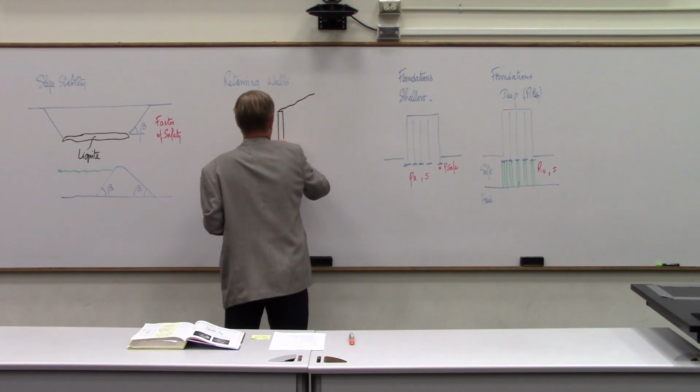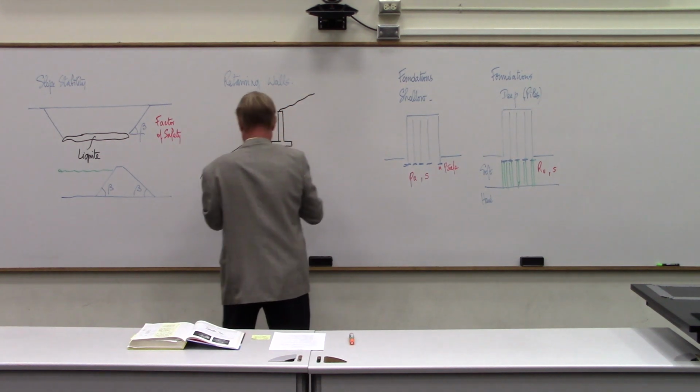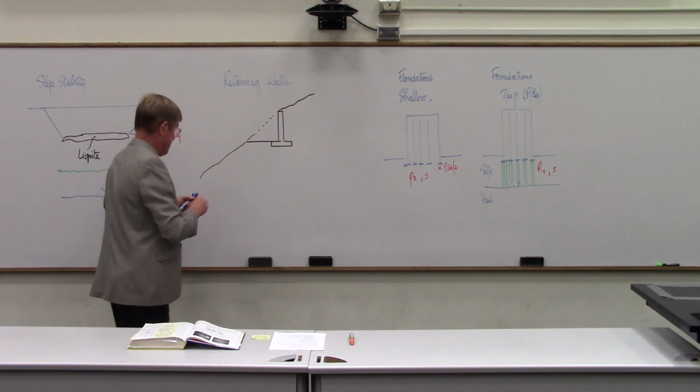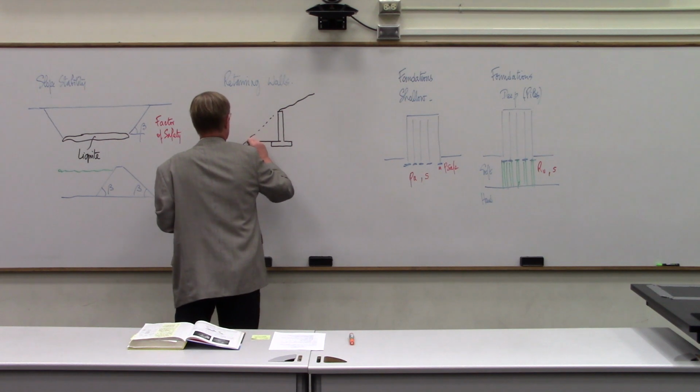And then probably here you have to put a guardrail so people don't fall in the ravine.